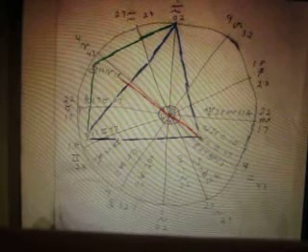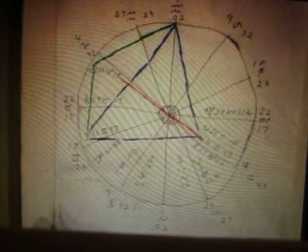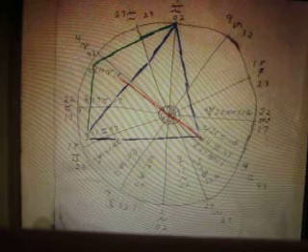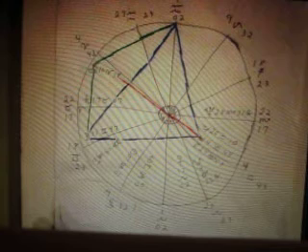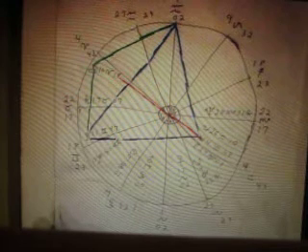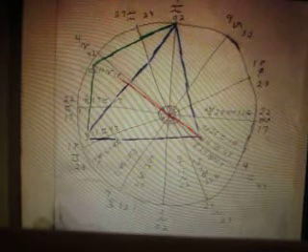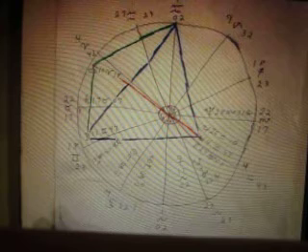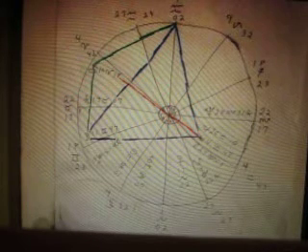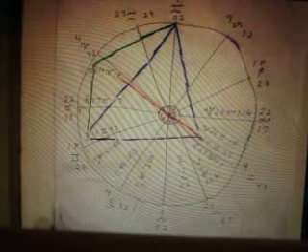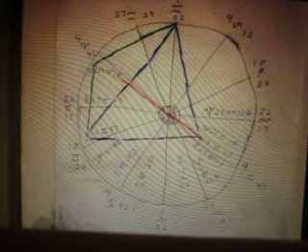Now, a kite formation, a kite is an astrological configuration or aspect pattern that has 3 points trine each other, aka a grand trine, but in addition to it, it has one planet or point that receives a sextile from 2 of those points.